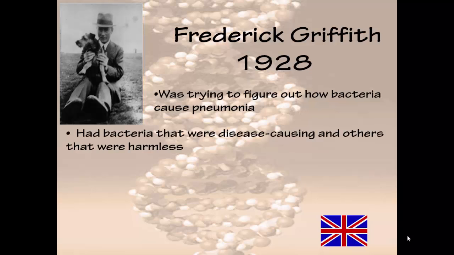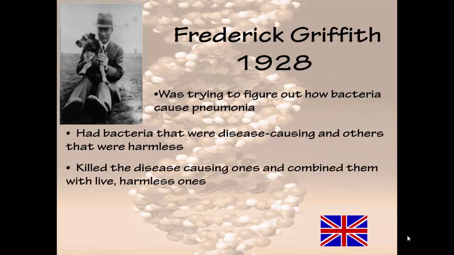So what he did was he had these bacteria that were disease-causing, and then he had other bacteria that were harmless, that were not disease-causing. He took the disease-causing ones and killed them. Then he combined these dead bacteria with the live, harmless ones. So he killed the bad ones and put them in with the live good guys.